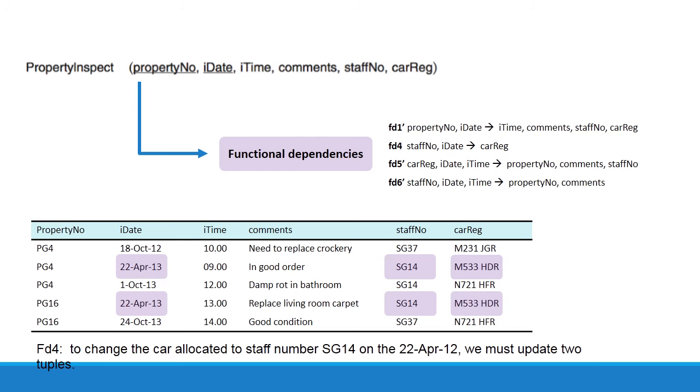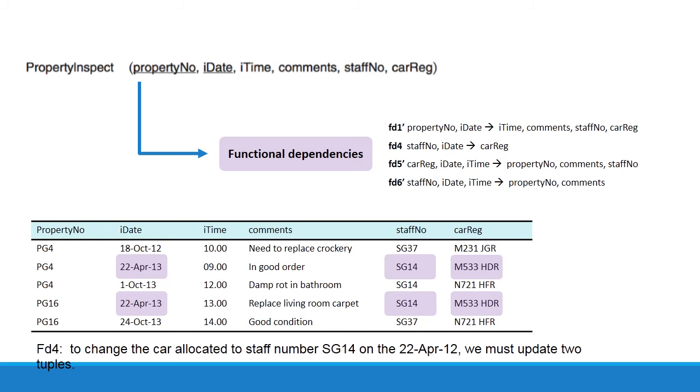In BCNF, they don't allow something like this. If we see the functional dependency, staff number and inspection date determine the value of car register. If we see in the table, staff number is not a primary key of the table property inspect. This is not allowed in BCNF, but this is okay for 3NF.